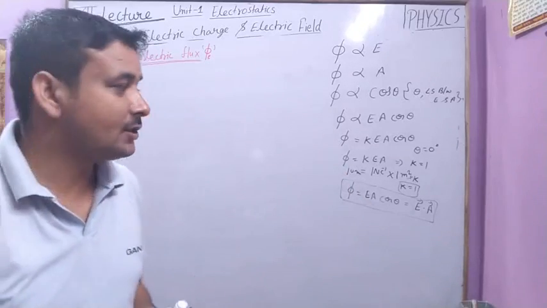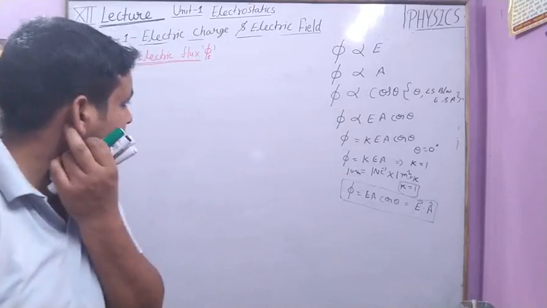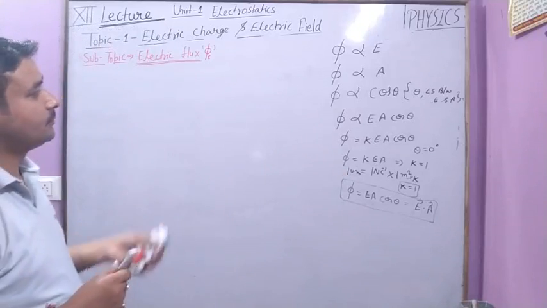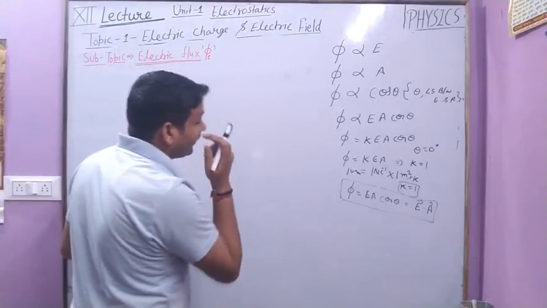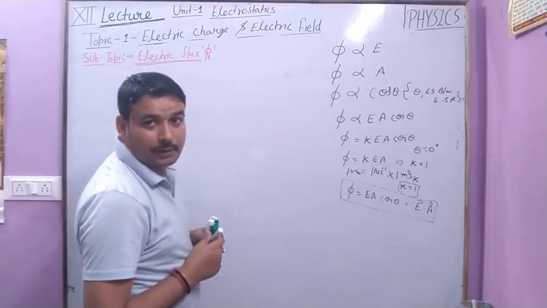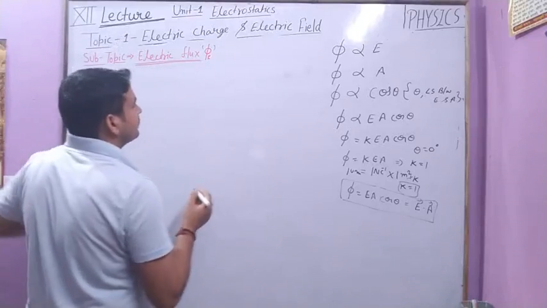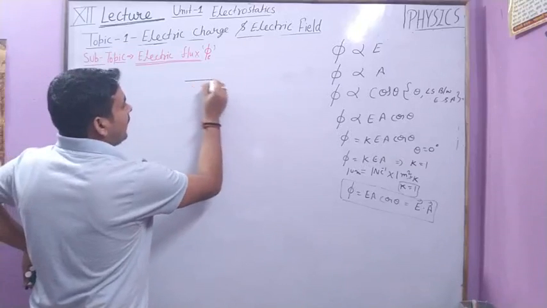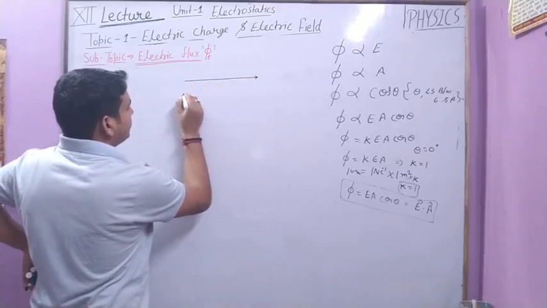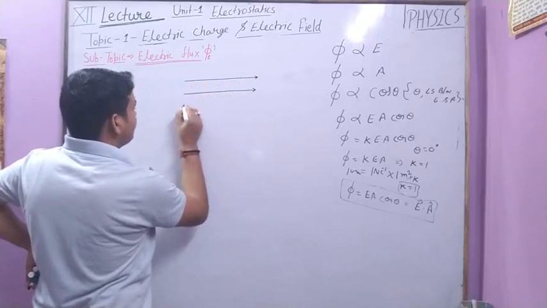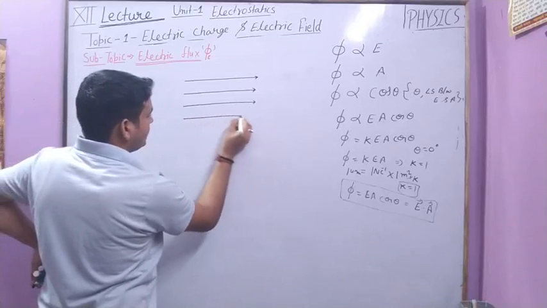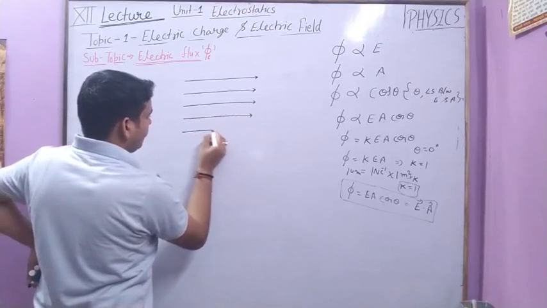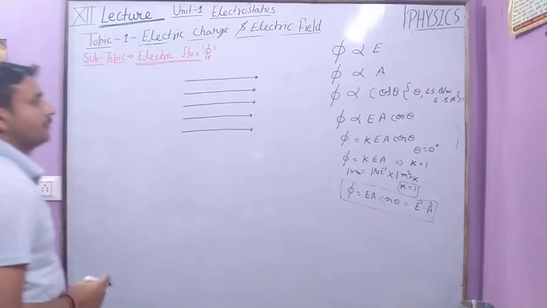Now we understand it by using a mathematical proof. Suppose we have some uniform field lines of a charge moving parallel to each other.